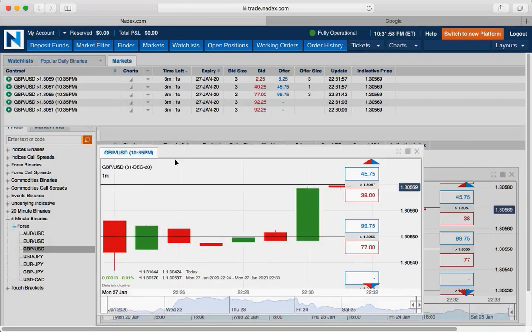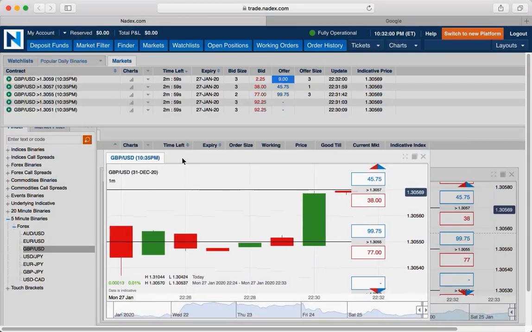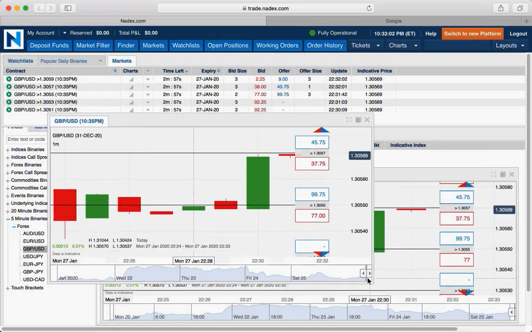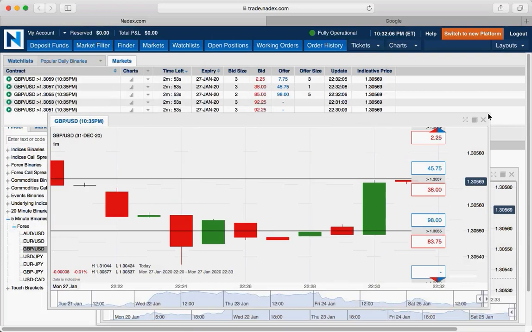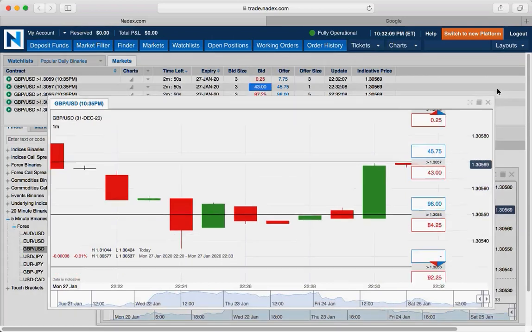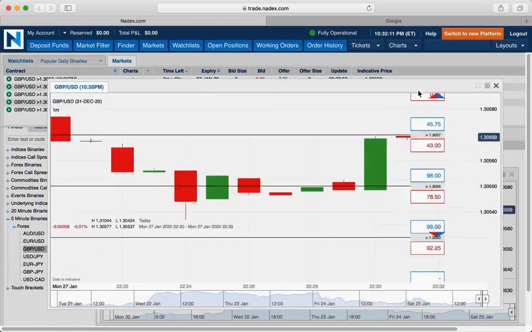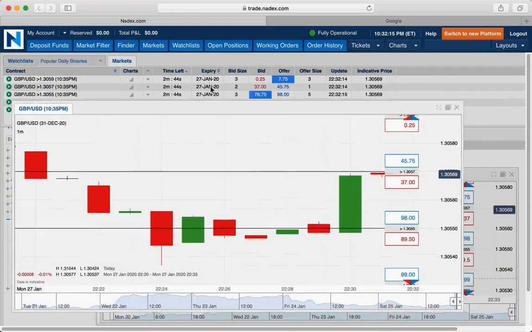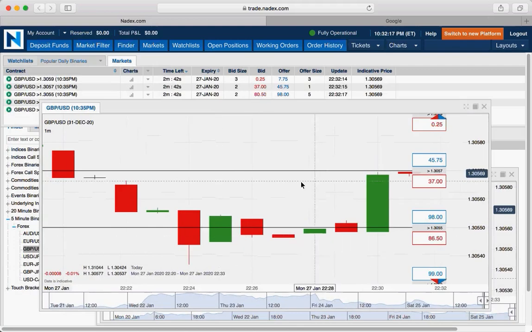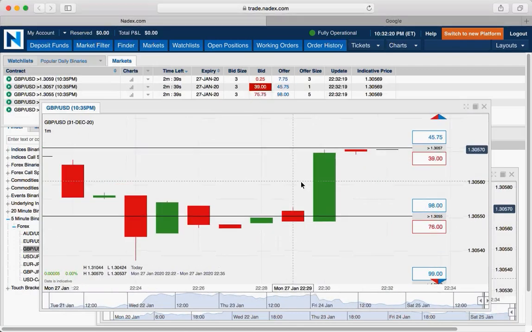And when you open up the chart, you can just move it to wherever you want to move it to. So if I wanted to stretch it out like this, when you go to the end of the chart, you see the little double arrow that appears. When you click that, it lets you size the chart however you want to. You can move it. You can click the top of it, move it around, and you just place it where you want to place it on your platform, and you're good to go.